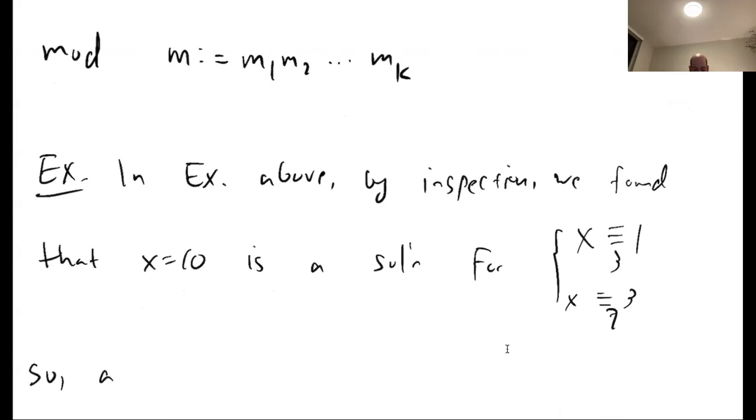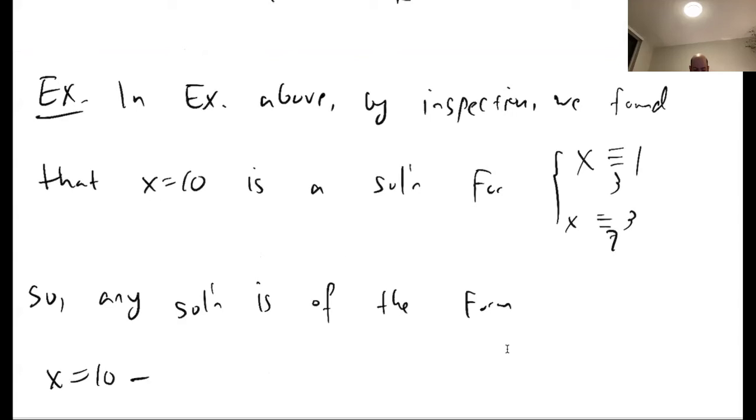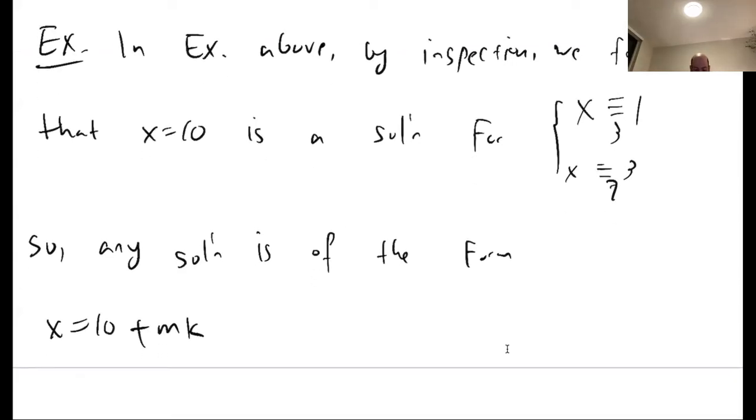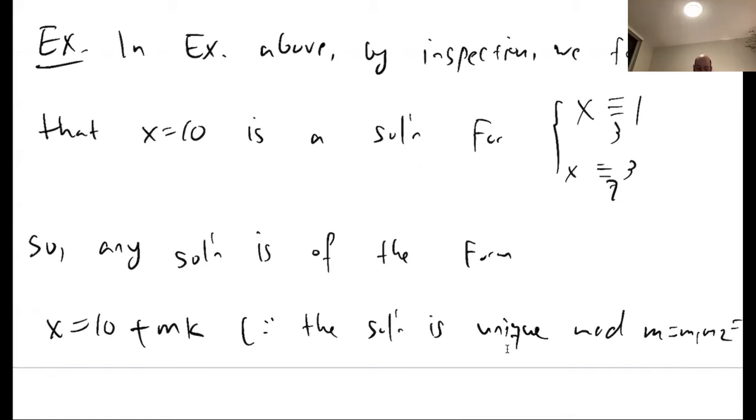Any solution is of the form X equals 10 plus MK, right? Since the solution is unique mod M, which is M1 times M2 in this case. M1 is 3, M2 is 7, so M1 times M2 is 21.